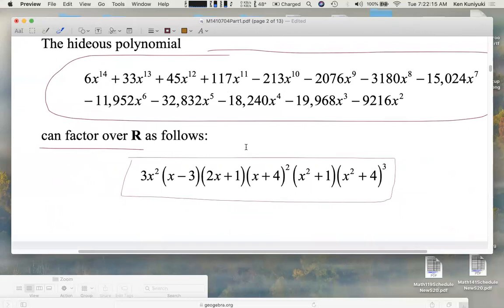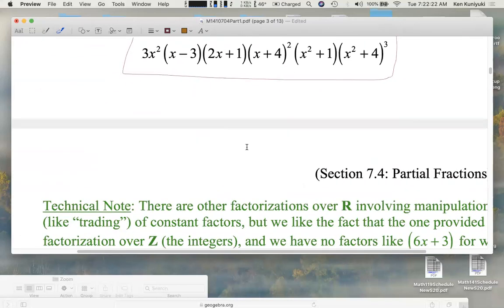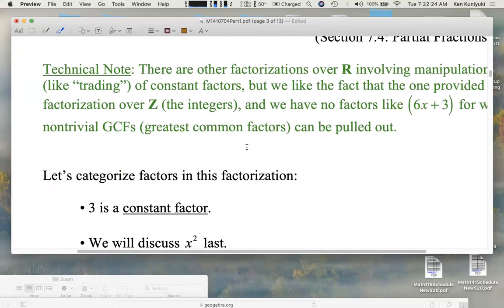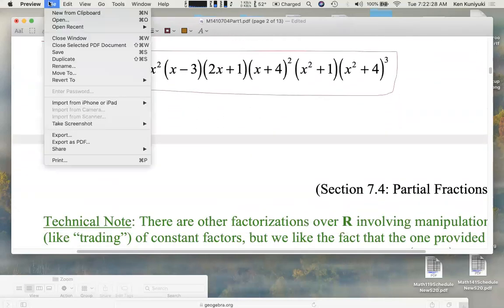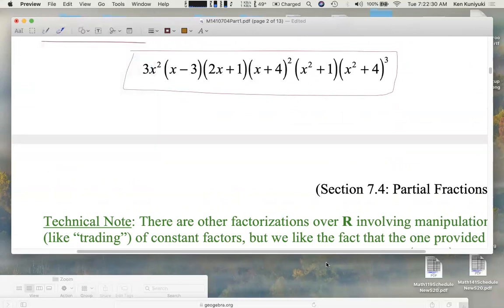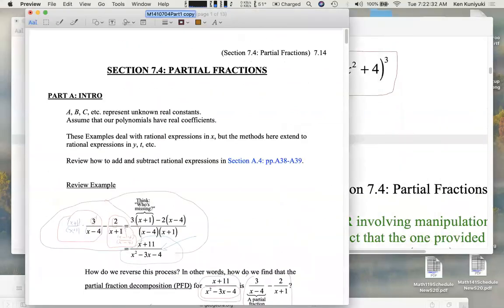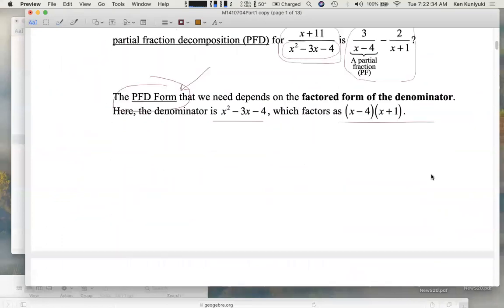And then later on, how can we actually get the PFD? All right. The cast of characters. So here's what I'll do. I'll leave this up here, and I'll make a copy. All right. And we'll talk about the cast of characters.